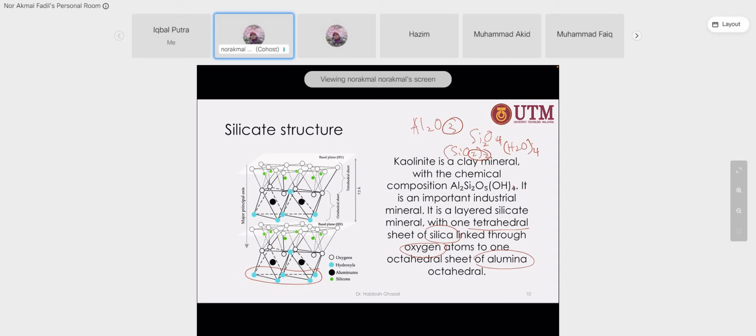So this is one set and then it bonds together with another set. So it forms a crystal structure based on the repetition of several compounds in the kaolinite. Okay, this is a very complex crystal structure for the ceramic.